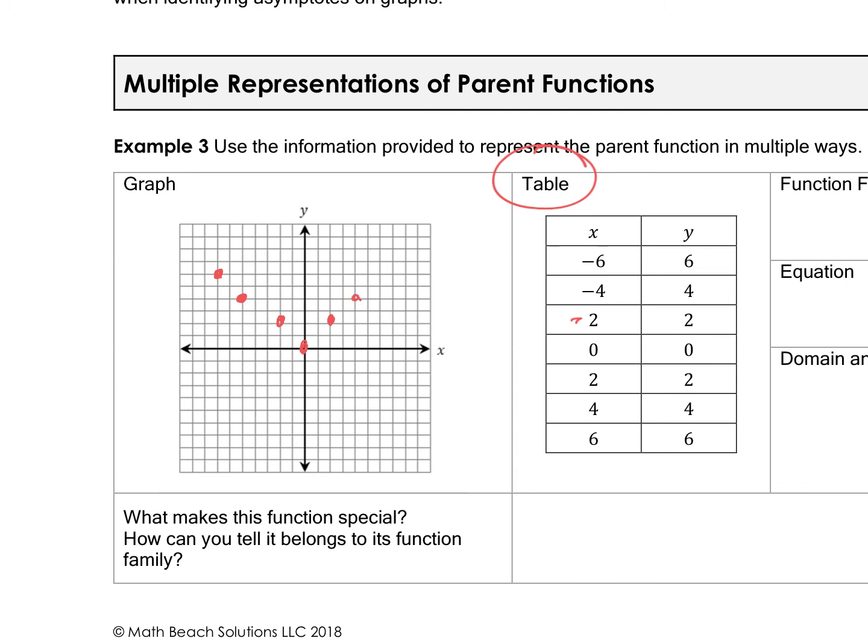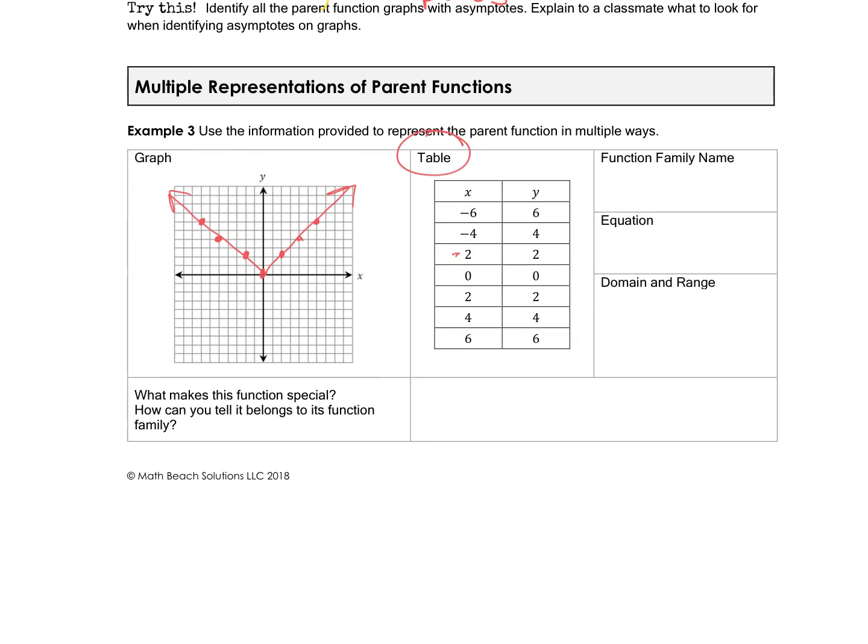And 6, 6. So notice it's a V. So I'm going to go ahead and connect my points and draw arrows at both ends. So this would represent the absolute value.